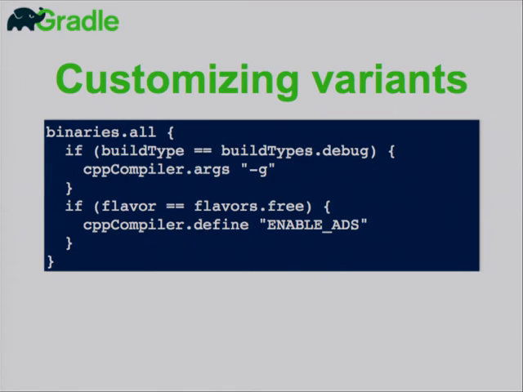So for any debug binary, I know the right compiler flags to use. We can have some sort of convention or configuration that says I know how to build things for that flavor. So out of the box, Gradle will just define the set of binaries, the set of variants. It's very easy for you in your build script to tell Gradle how to build them differently.